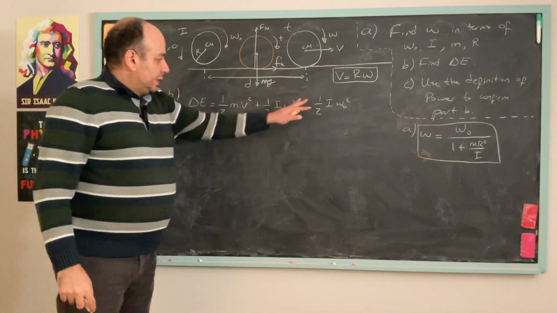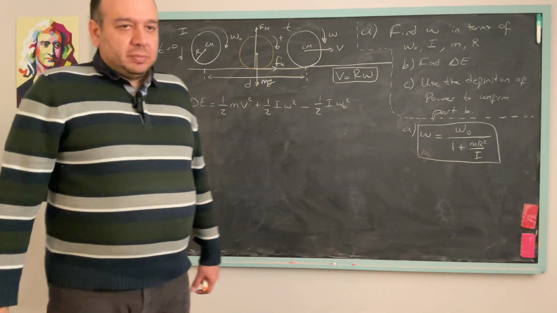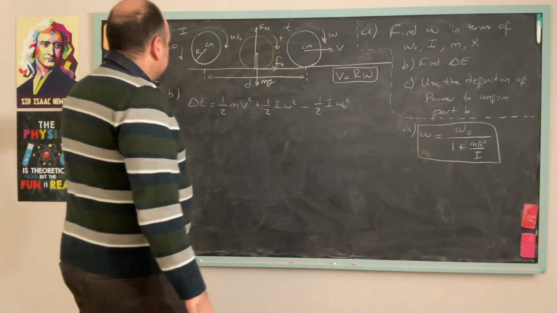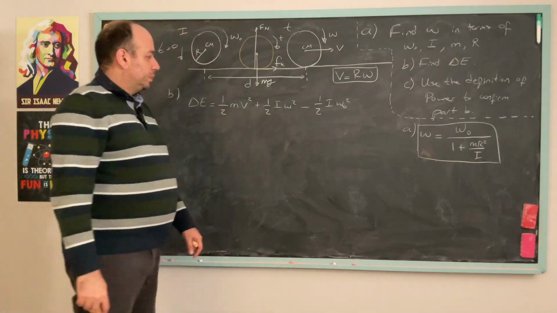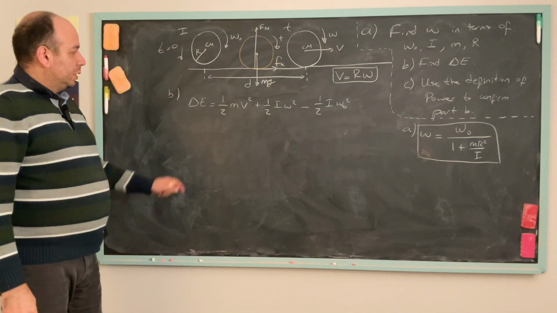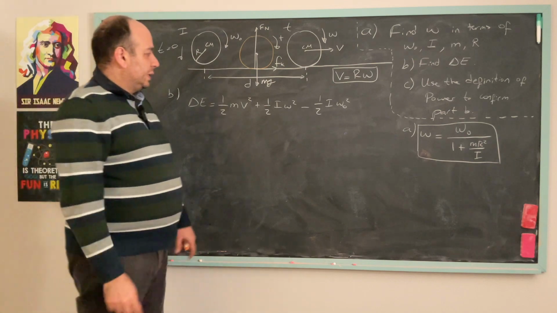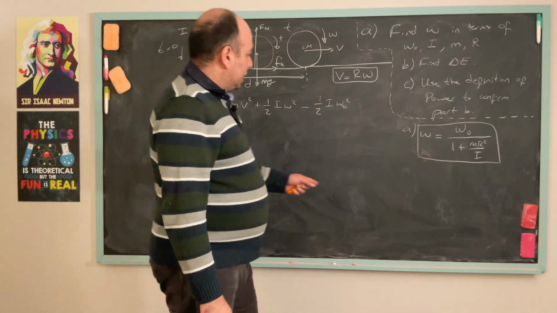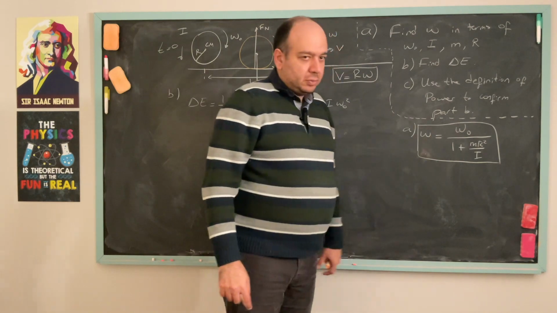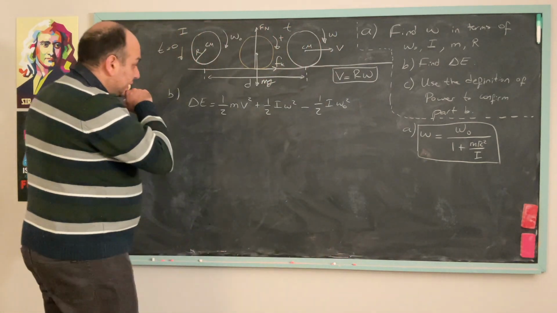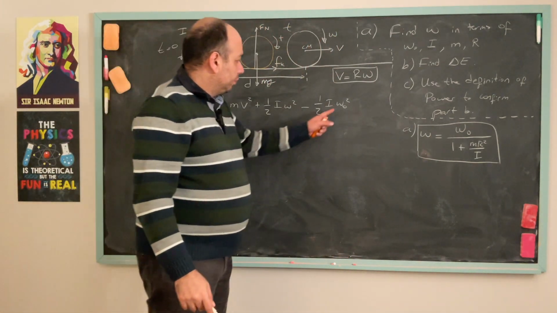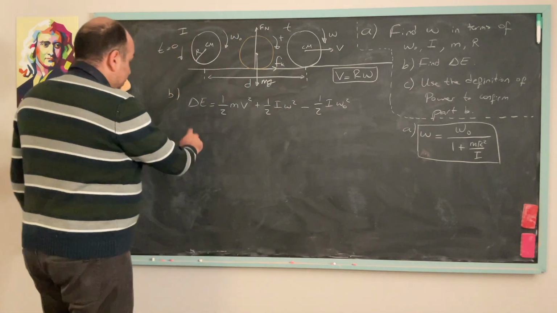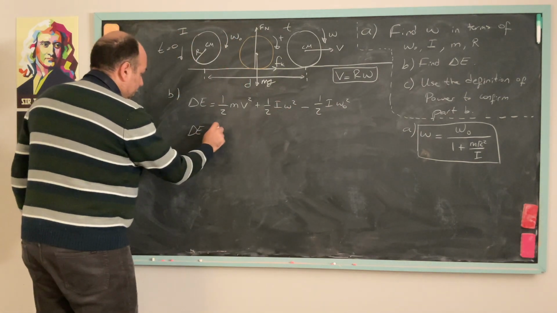This is nothing but the change in the total mechanical energy of the system. There is no change in the potential energy. Now I can put it in a nicer form because I know how omega is related to omega naught, so I can write everything in terms of omega naught. Let's see how it works.